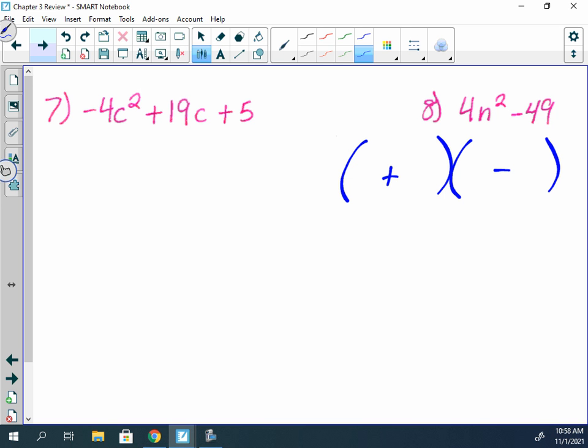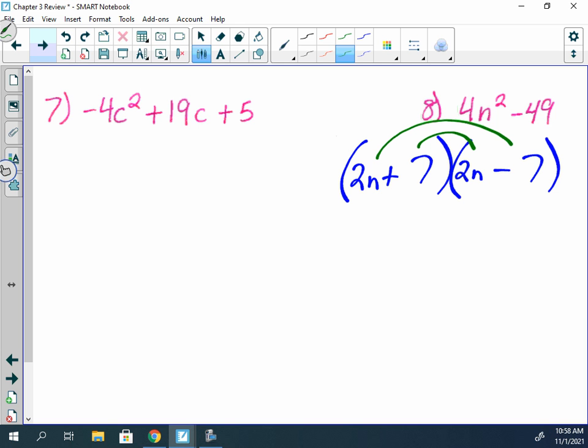And there's not a greatest common factor to pull out to get this to work. Because we said what times itself is 4n squared. Well, 2n and then we would have 7 and 7. And we could check it to make sure that it does work.